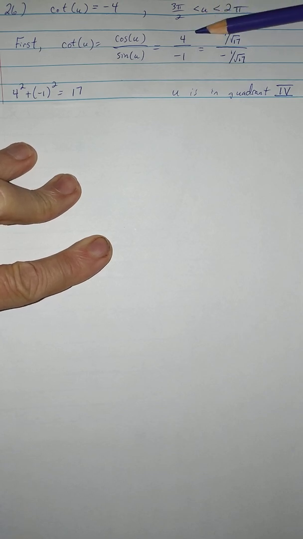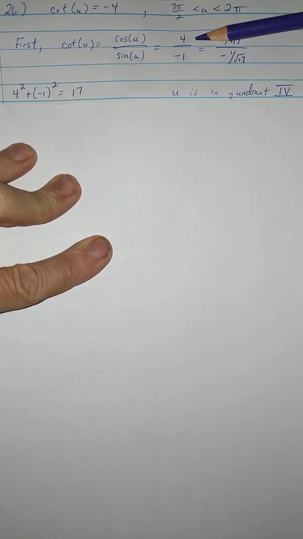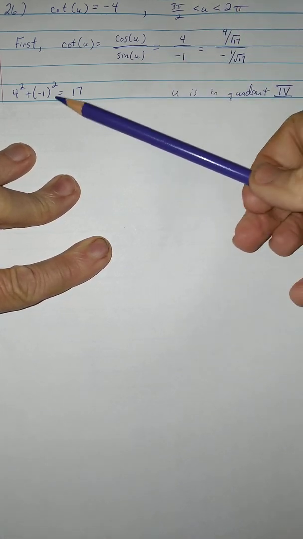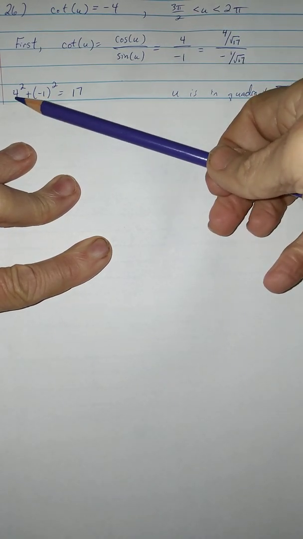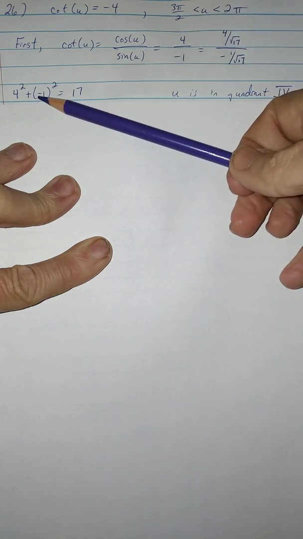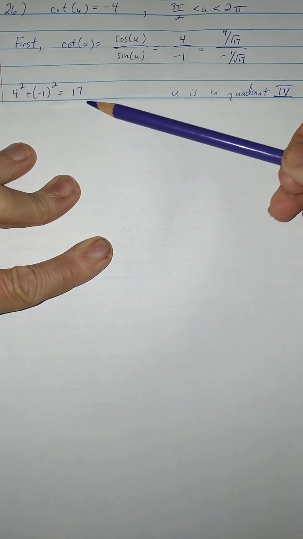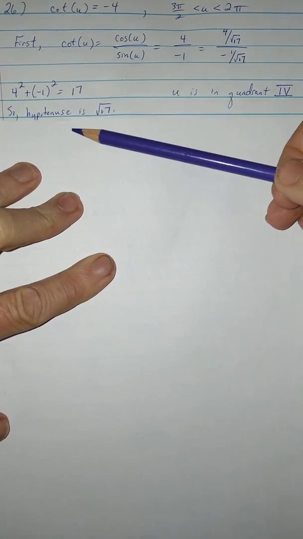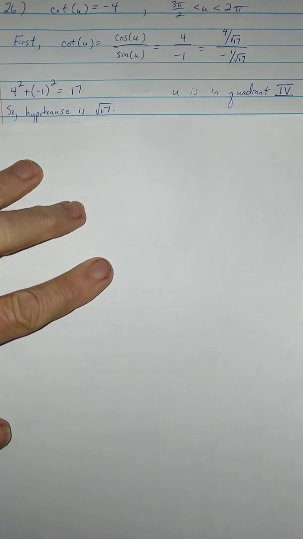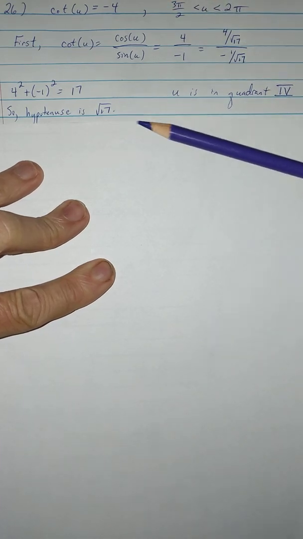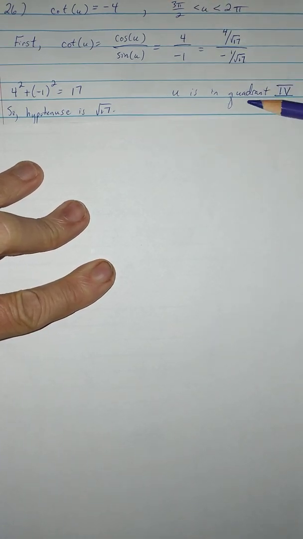I treated this as an x-coordinate, and this is a y-coordinate, but I know that the circle would not be a unit circle, so I had to figure out what the radius of that circle would be. So I went 4 squared plus -1 squared. Well, 4 squared is 16, -1 squared is 1, and 16 plus 1 is 17. So the hypotenuse, therefore, would not be 17, it would be the square root of 17. Don't forget, angle u is in quadrant 4.